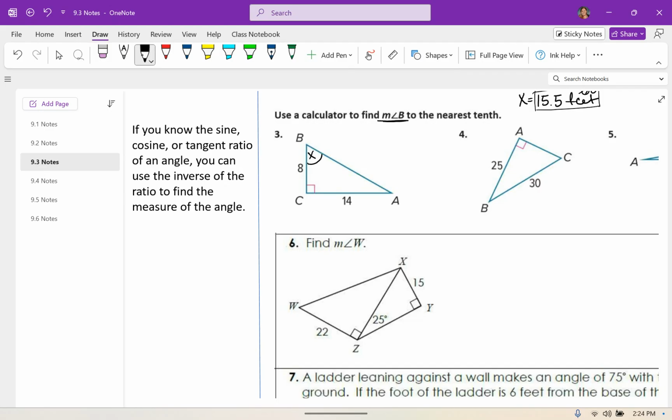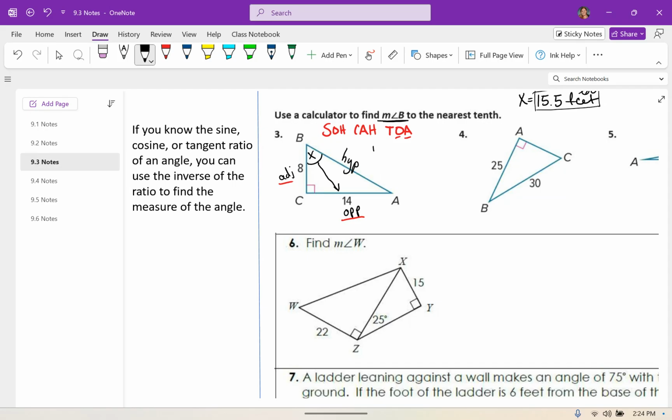In relation to x, hopefully you can see this is the hypotenuse. 14 is across from, so this is opposite. And 8 is adjacent. So if I'm using SOHCAHTOA, I have opposite and adjacent. That's OA.